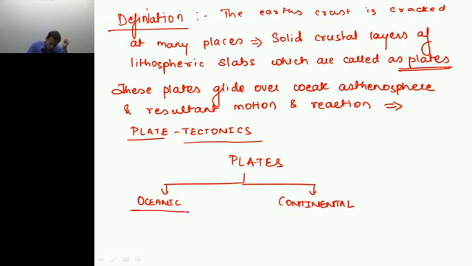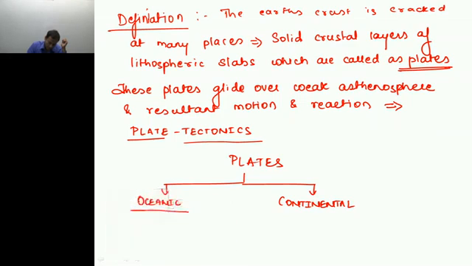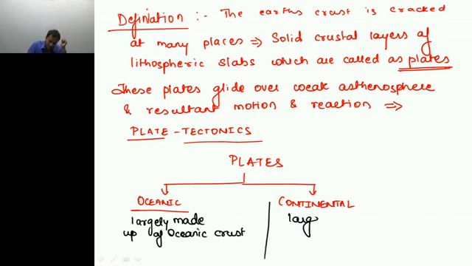So the oceanic plates are largely made up of oceanic crust, while the continental plate is largely made up of continental crust.